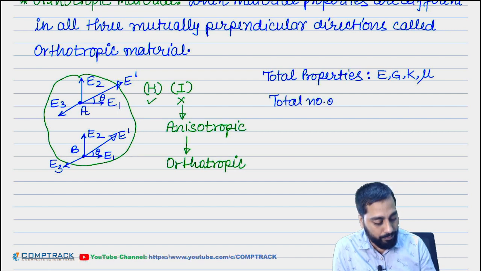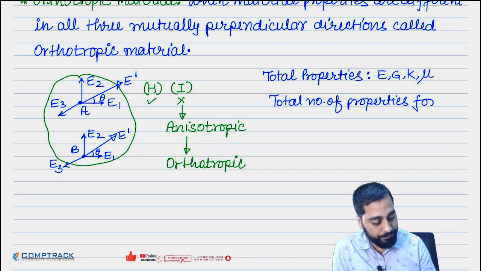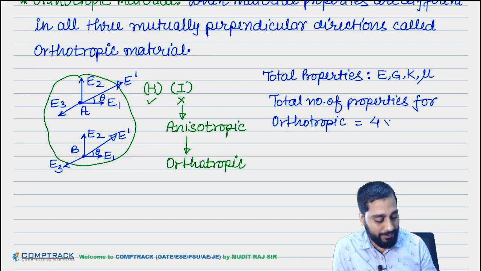Total number of properties for orthotropic, कितना हो जाएगा? 4 properties हैं. In all 3 directions they will be different. So total will be 12. Yes or no?